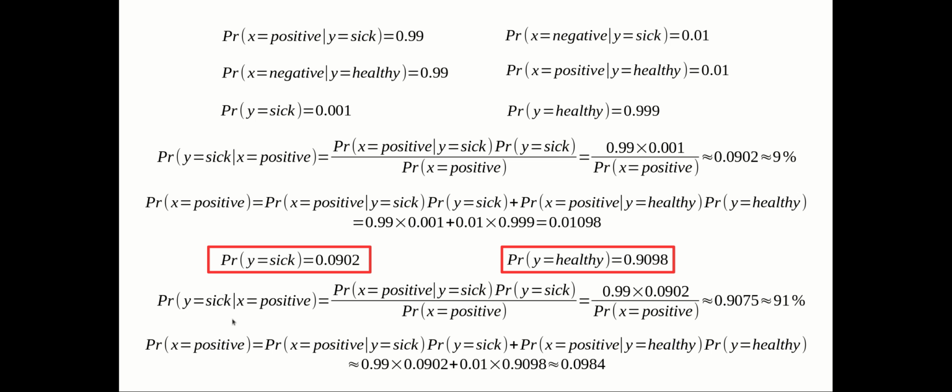So if you are still not convinced, you take a third independent test. And then for the third calculation, you're going to have to use this 91% as the prior for the third calculation, and then repeat the calculation again, and that's going to give you an even higher probability.